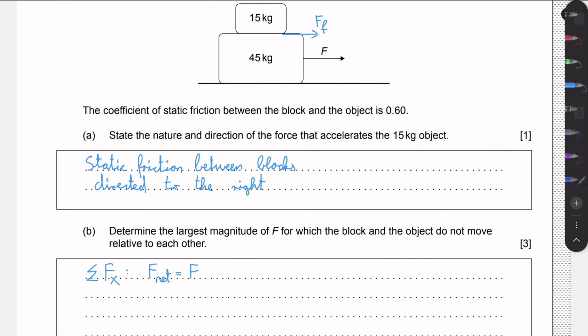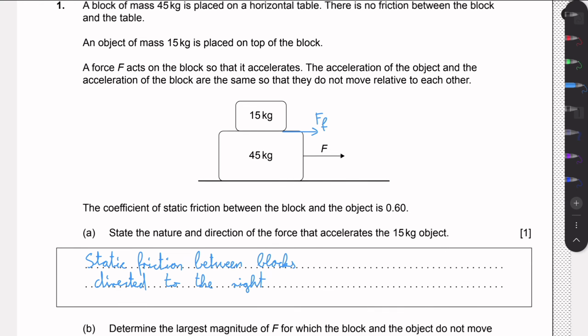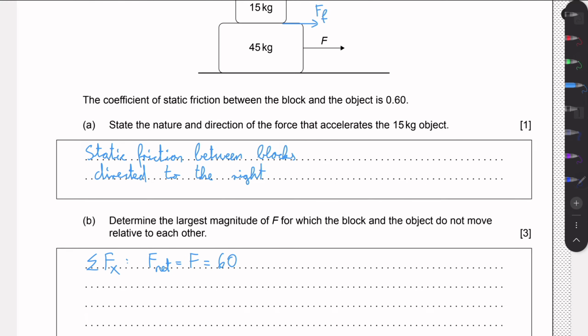And this is just equal to mass times acceleration. Our mass is 15 plus 45, so 60 kilograms, and we don't know our acceleration yet. So that's how we can express the magnitude of our force.